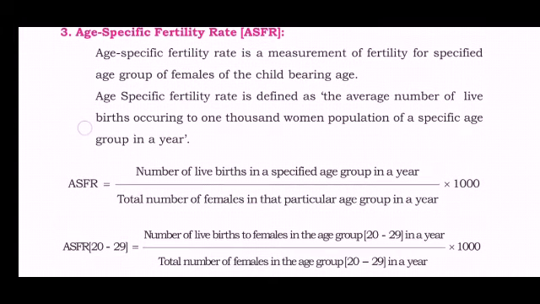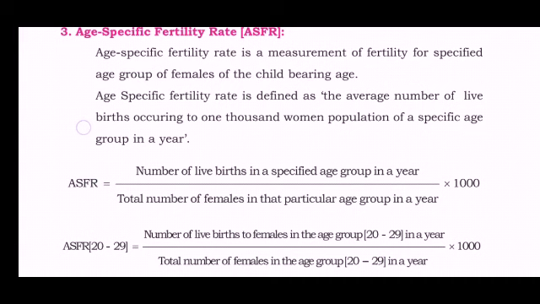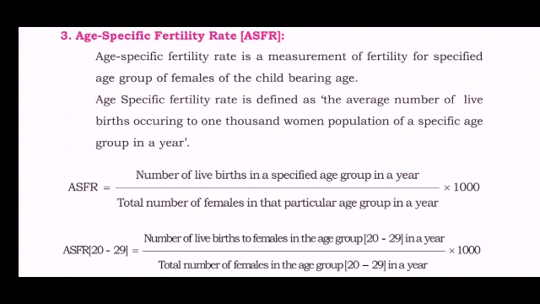ASFR for age group 20 to 29 is the number of live births to females in the age group 20 to 29 in a year divided by total number of females in the age group 20 to 29 in a year, into 1000, so that we can tell the rate per thousand.